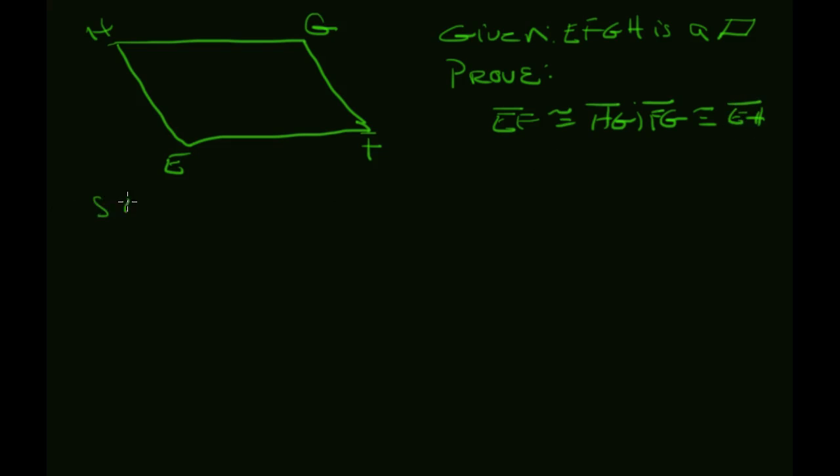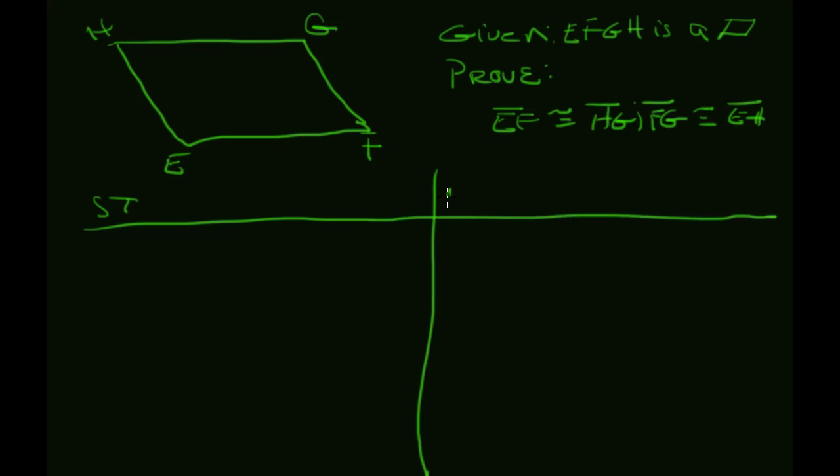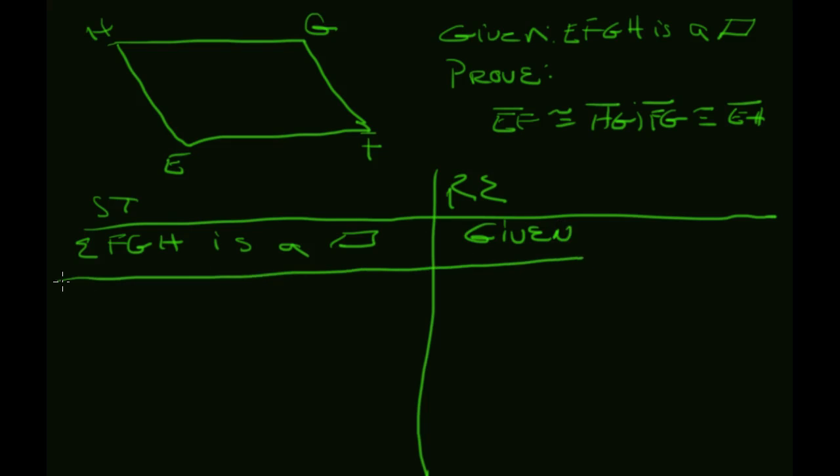Okay, so statements, and we have reasons. All right, so the first thing is that we know that EFGH is a parallelogram. How do I know this? Because we're given it. Because they told us so.